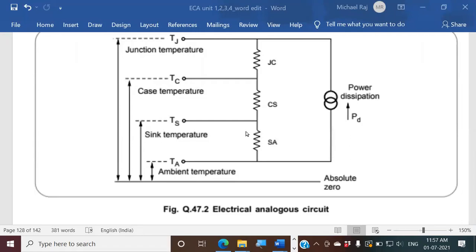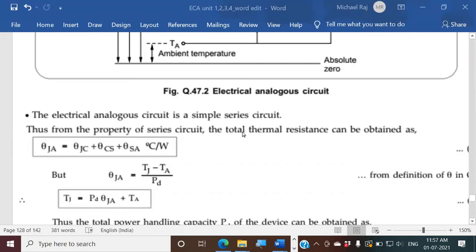This we have seen: theta Ja is Tj minus Ta by Pd. We can cross multiply this. From this, Tj will be theta Ja Pd plus Ta. Try to extract Tj from this, just different mathematical combinations.